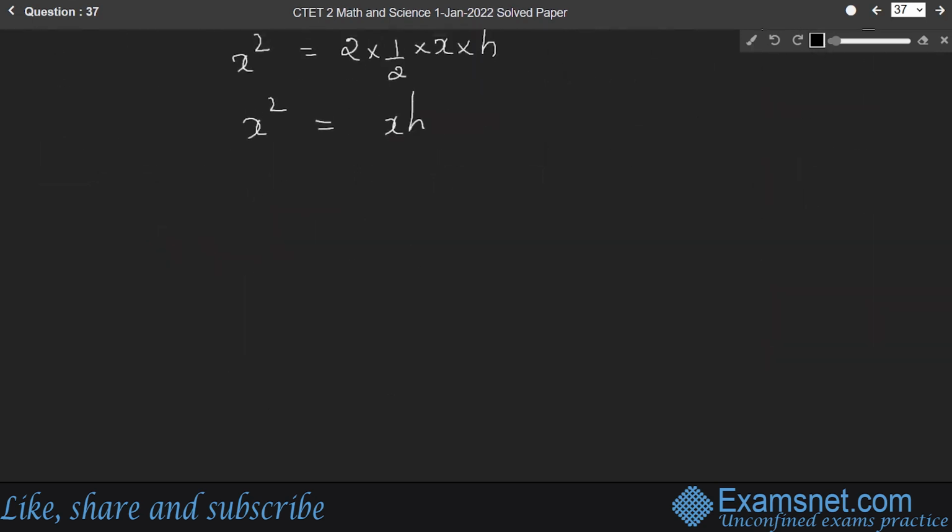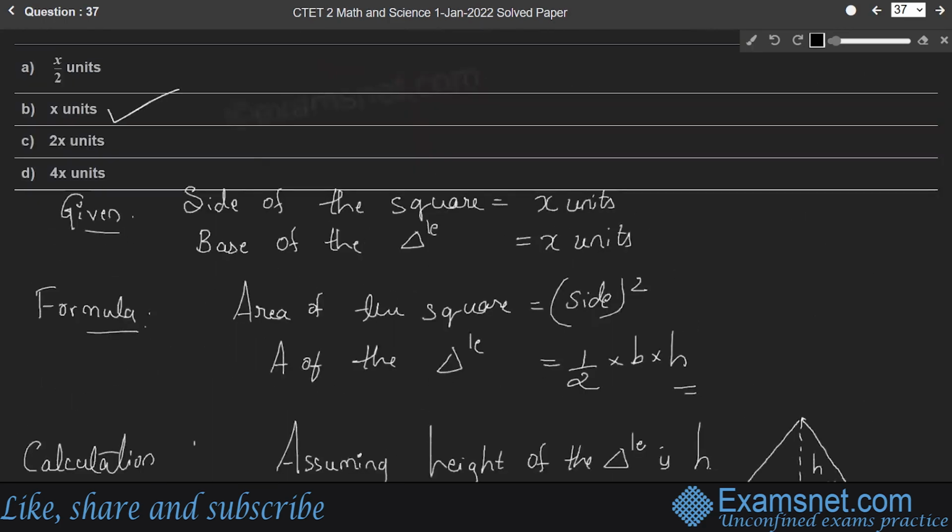Therefore, x is equal to h. So altitude or height of the triangle is equal to x units. Therefore, option B is the right answer.